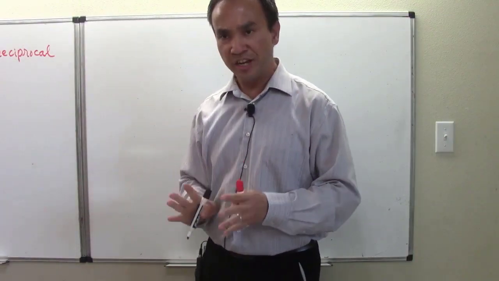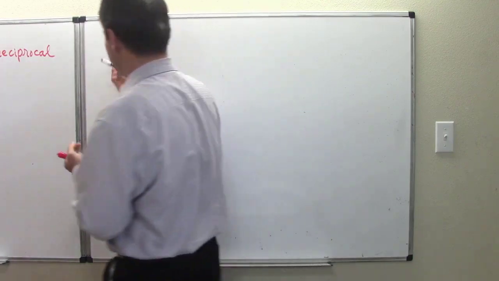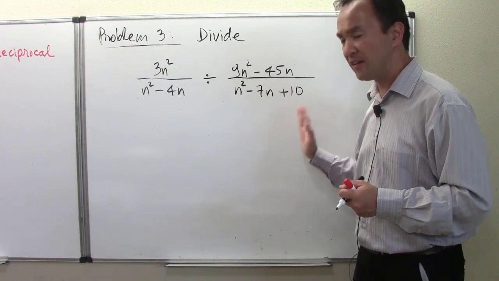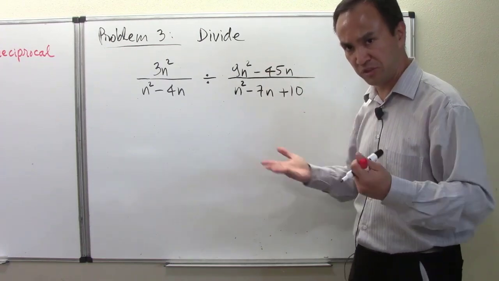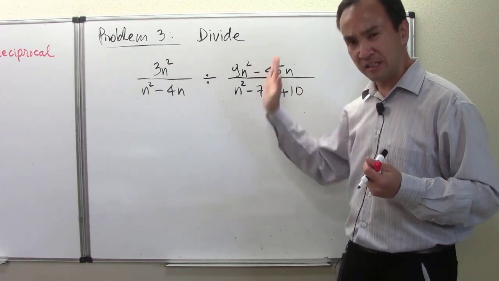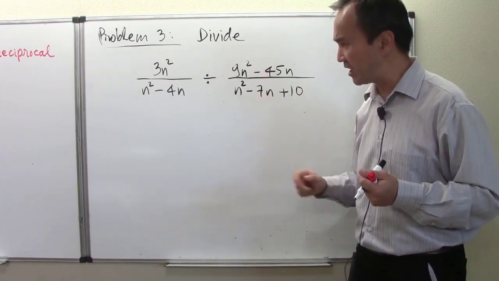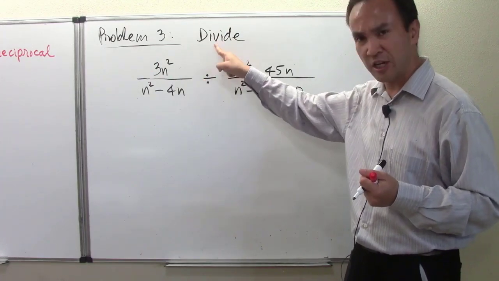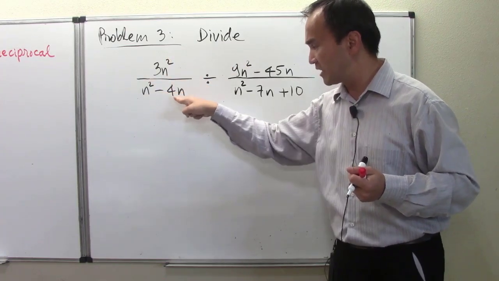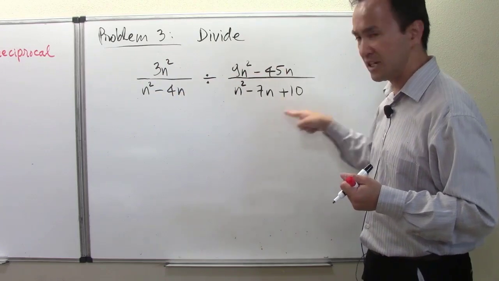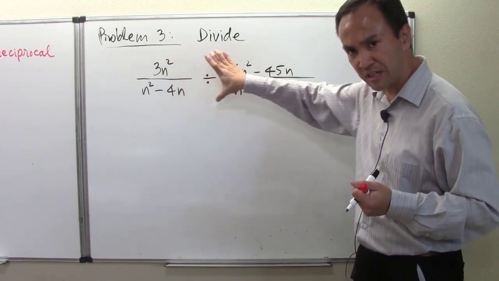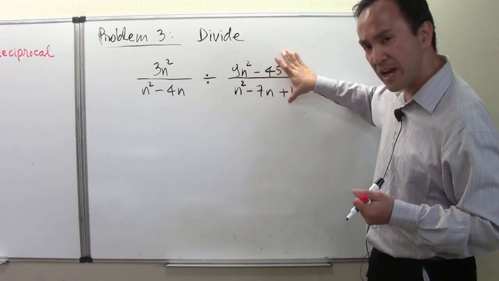Now allow me to bring in a demonstration problem. Here we have a problem to see how that same fundamental of dividing two fractions can be carried into this problem. We are instructed to divide this fraction 3n squared over n squared minus 4n by this other big rational expression. So we have a rational expression being divided by another rational expression.